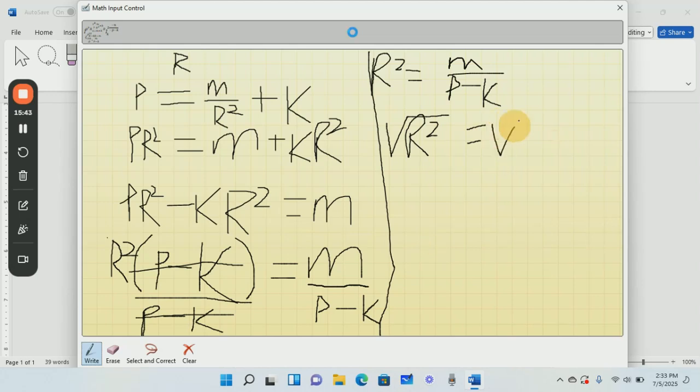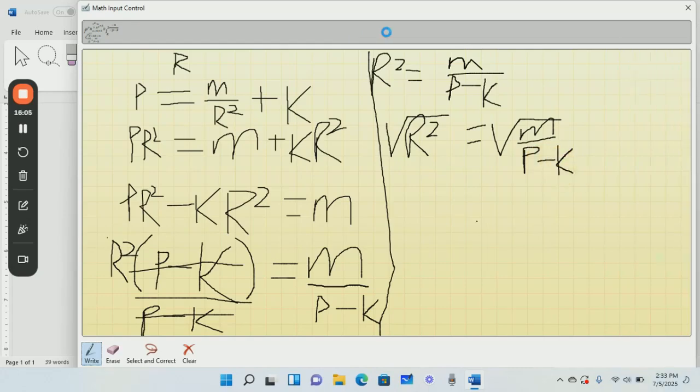So that's very good. Right now, the square and the square root sign cancel each other, and now we have r to be alone.